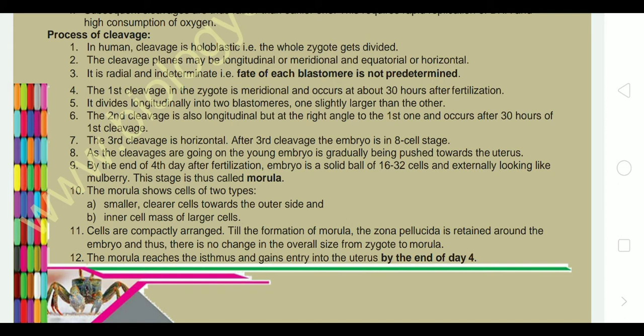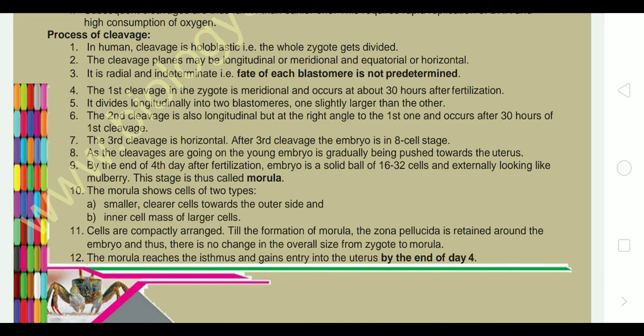The cleavage planes may be longitudinal or meridional, that is vertical we can say, and equatorial or horizontal. So we can understand it simply: it may be longitudinal or horizontal, or meridional, that means towards a little bit south, and equatorial, or exactly in the middle.